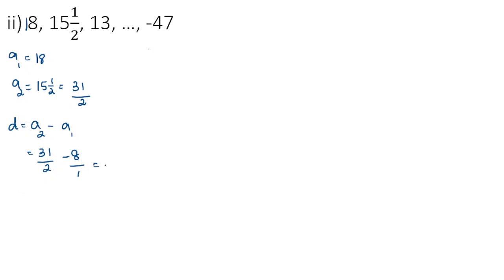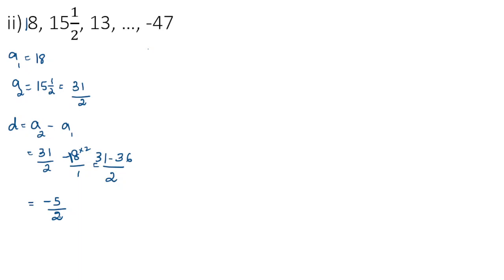So the LCM will be 2, and here 31 and 1, 2 18s are 36, isn't it? 31 minus 36 is how much? Minus 5 by 2. D value we got is minus 5 by 2.